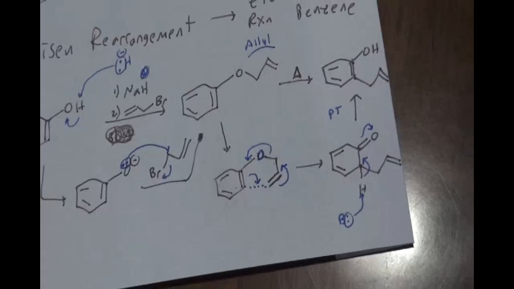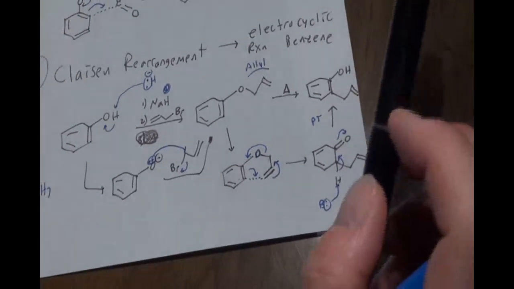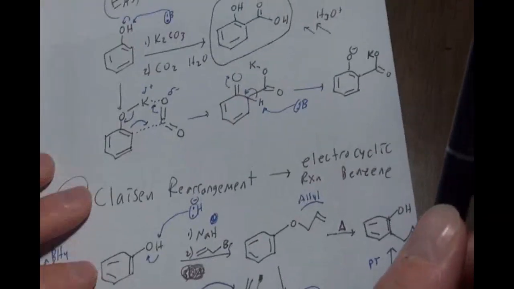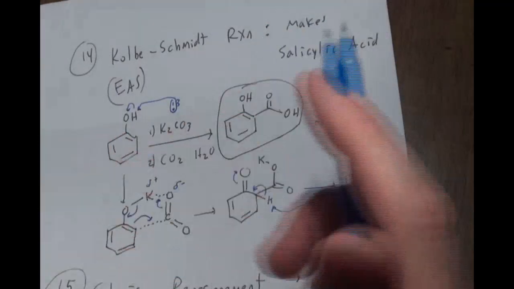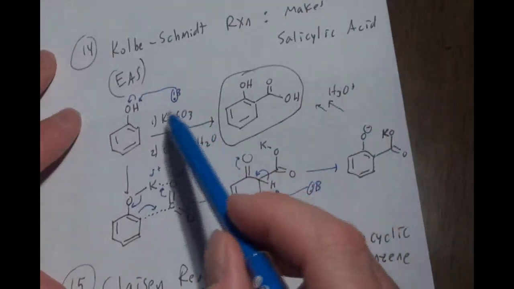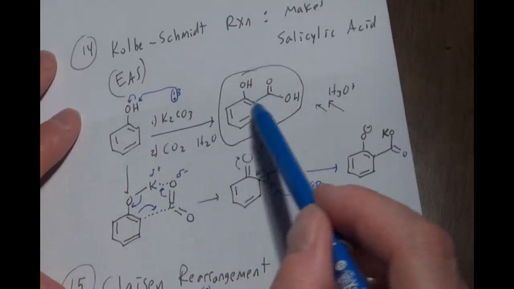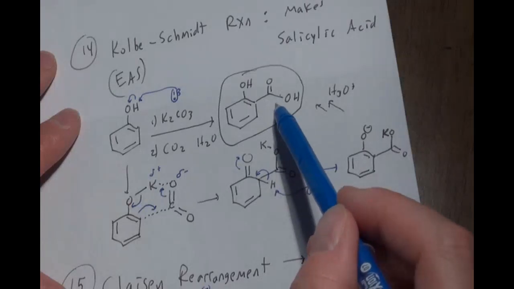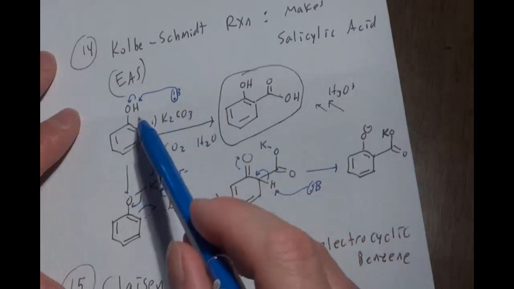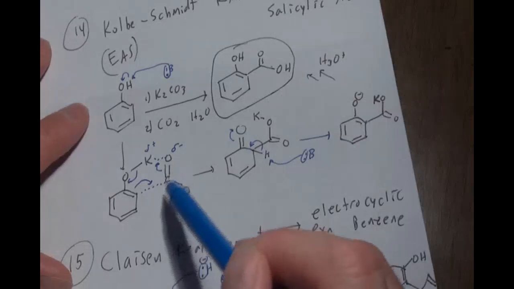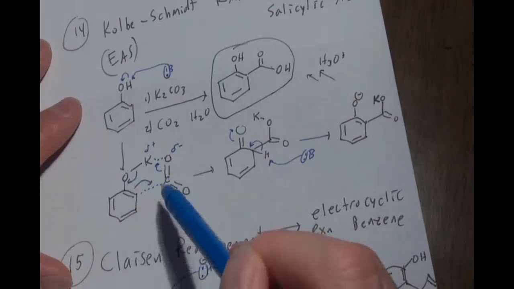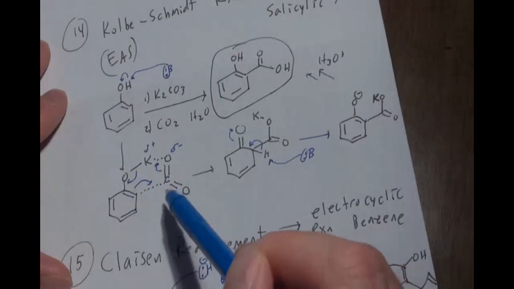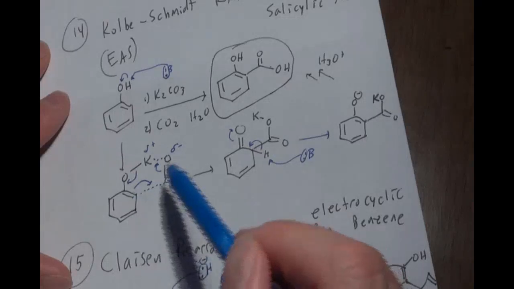I'll just zoom this out, and we'll just look at them both. Look at all the mechanisms side by side. Kolbe-Schmitt, you're attaching a carboxylic acid at the ortho position by base taking proton, and then just kind of line up CO2 in a weird manner. For the mechanism, just draw it kind of like angled like this.